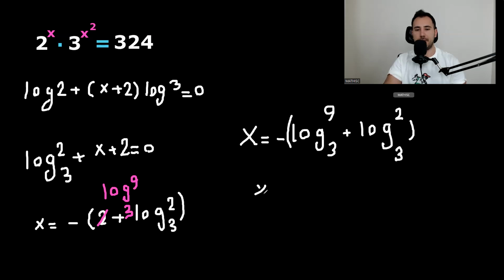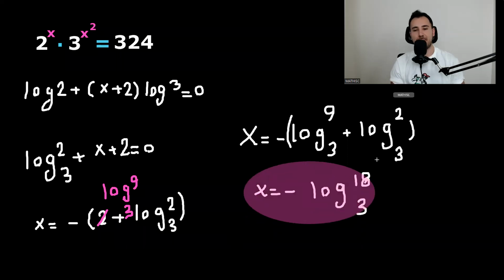So x would be negative log of 18, with base of 3. So this would be the second solution, which was harder to find, but the question's not over.